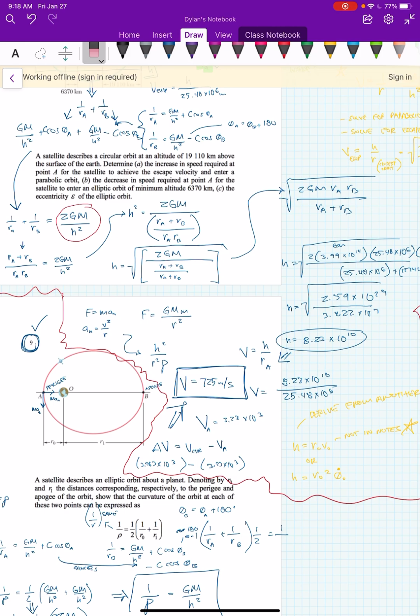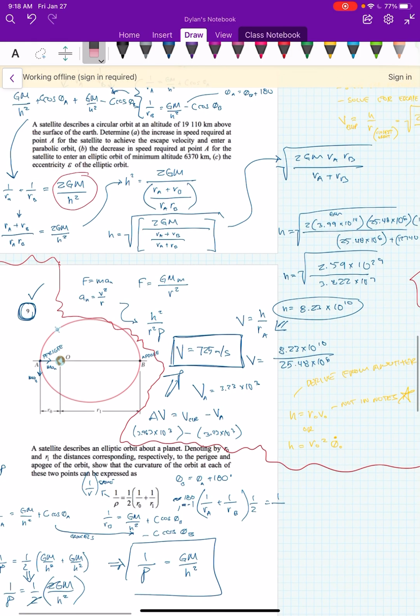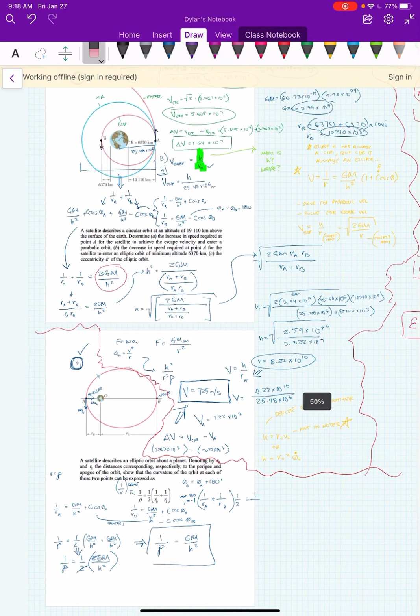which would be the velocity at point A that it needed to be at to enter an elliptic orbit, or sorry, that's in the parabolic orbit. Let's see.